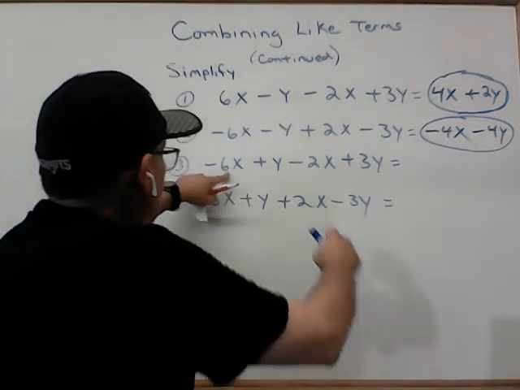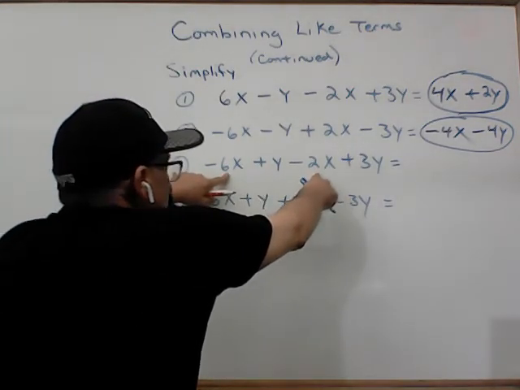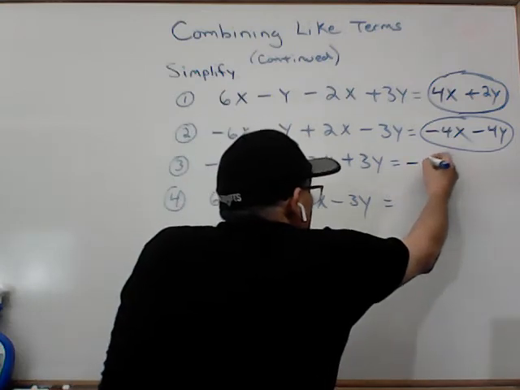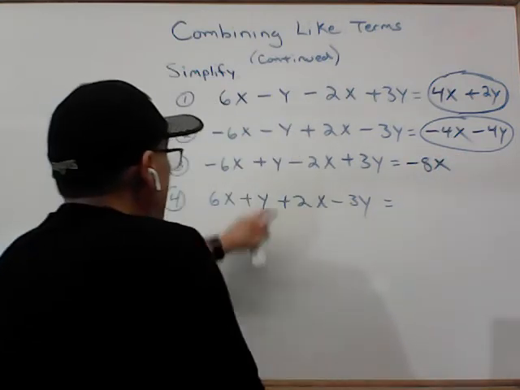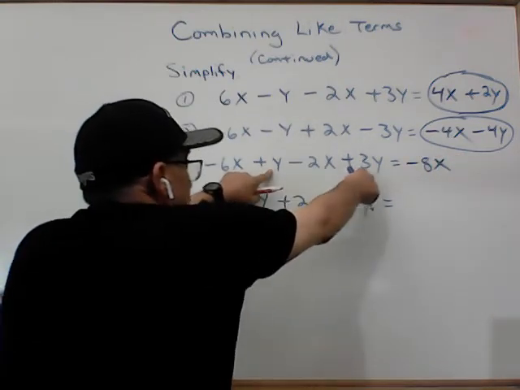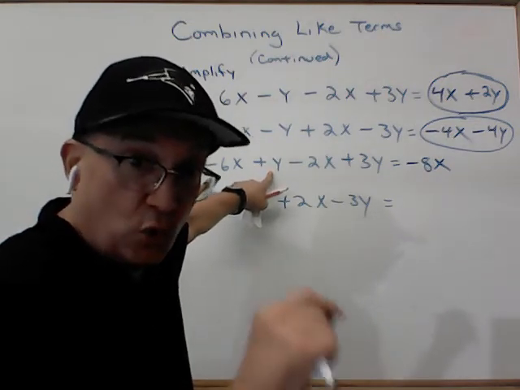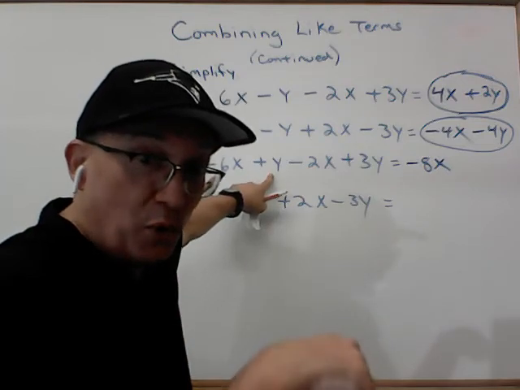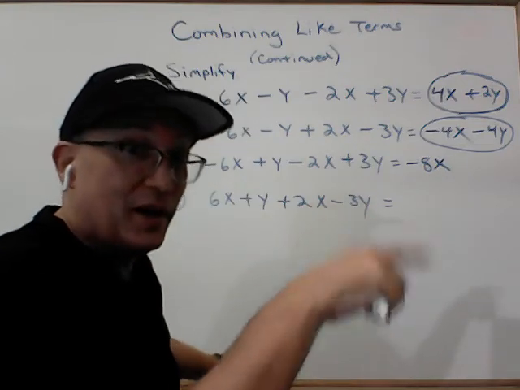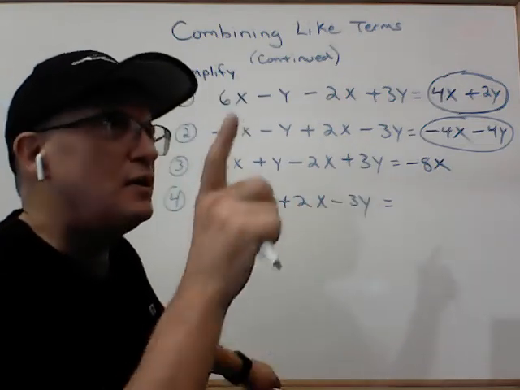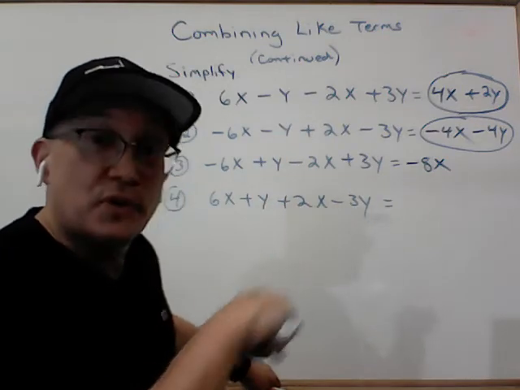And number 3, we have negative 6x minus 2x. That's negative 8x. And looking at the y terms, we have y plus 3y. Y is 1y. 1y plus 3y is 4y. 1 apple plus 3 apples is 4 apples.